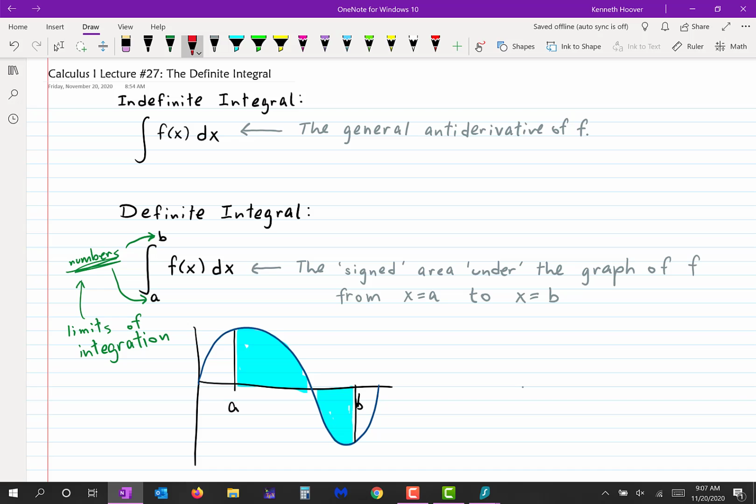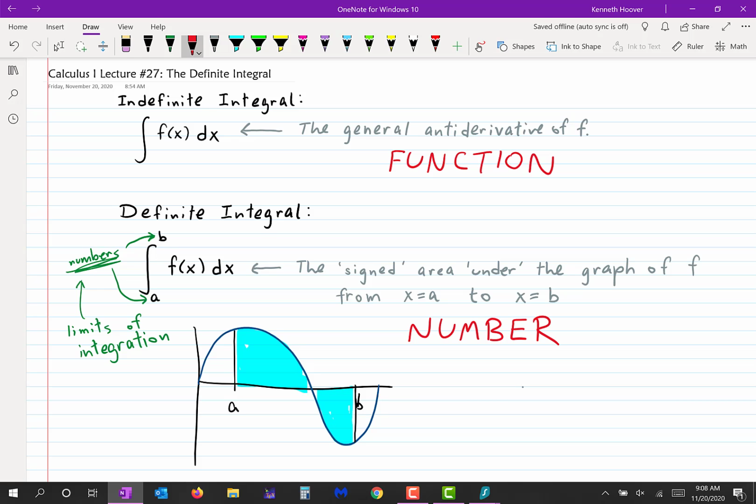All right, now point out a couple of more things. An indefinite integral gives you what kind of answer? It gives you an answer that is a function. A definite integral gives you what kind of answer? It gives you an answer that is a number.